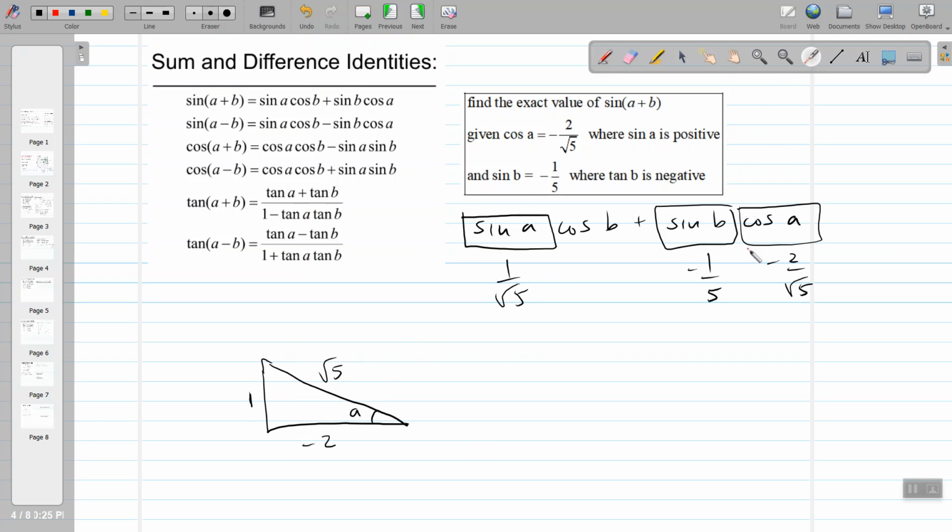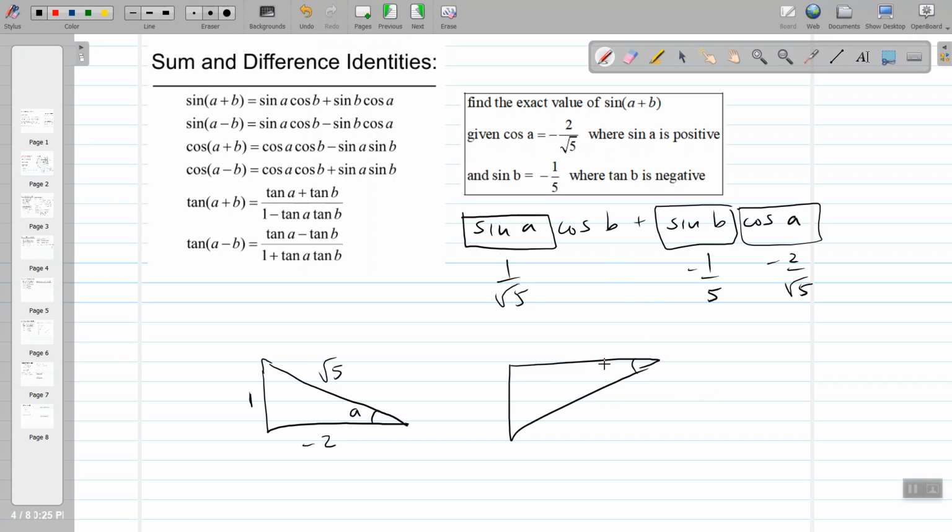Likewise, I'm going to do the same thing using this information over here. I'm going to draw a triangle for B. So for B, I want to figure out where sine is negative. Obviously that's got to be on the bottom somewhere, 3 or 4. Where tangent is also negative between 3 and 4 is going to be on 3. So if I draw that one, it's going to look like this.